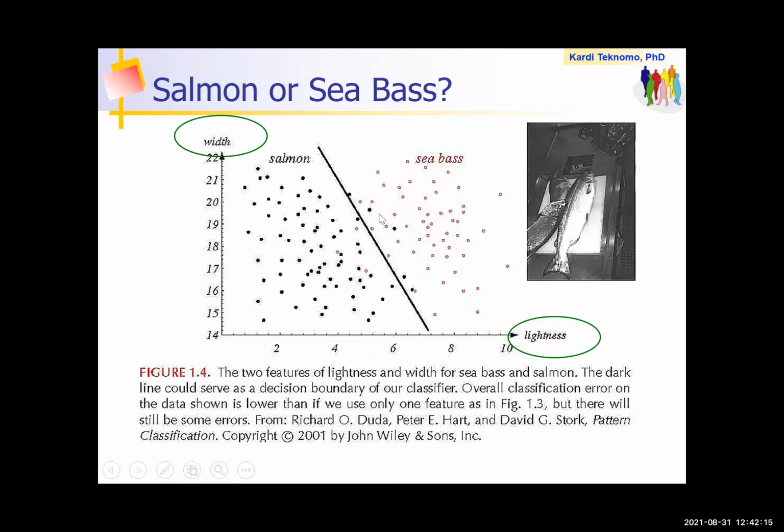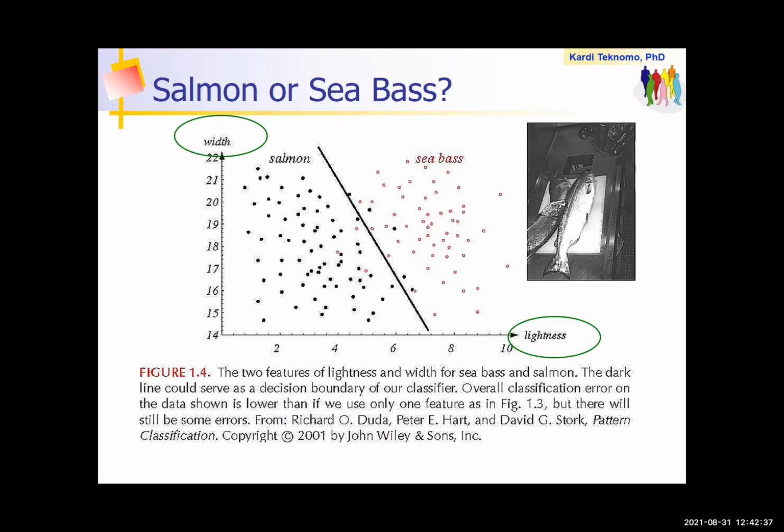If you plot it, you can start to see that we can actually separate them with a linear decision boundary. This is what is called LDA, or linear discriminant analysis.